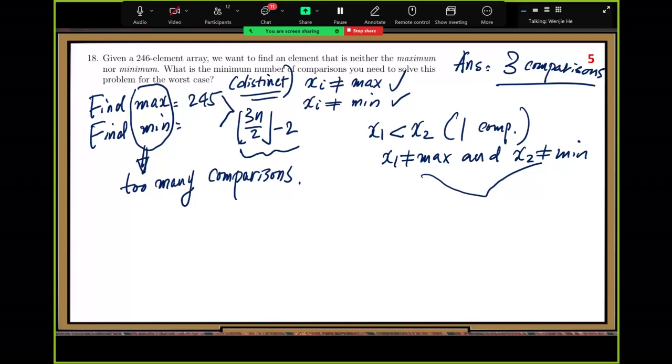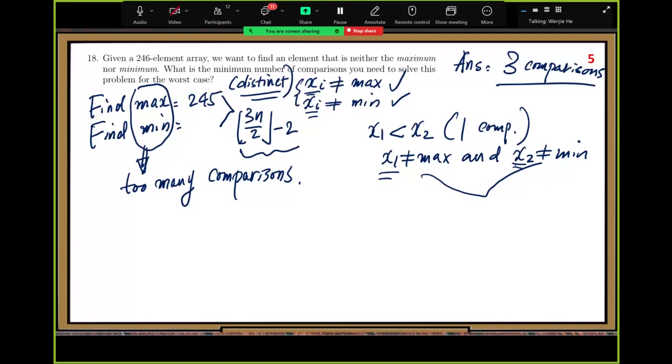Because our goal is the same element, but here we have two different elements, x1 and x2. One not equal to max, one not equal to min. But our goal is to get the same element that's not max and not min. But not far away, right? Pretty close to the destination.